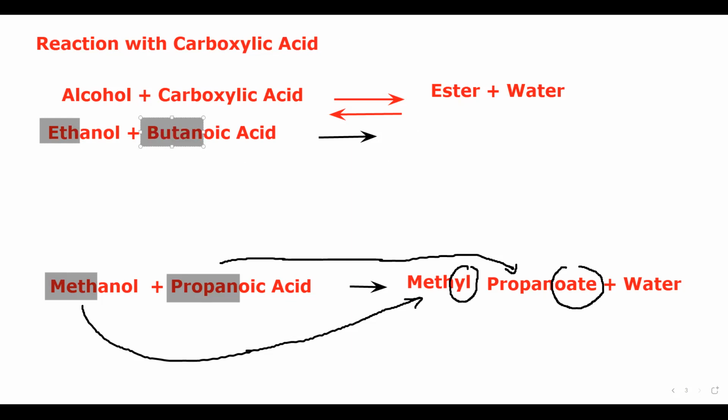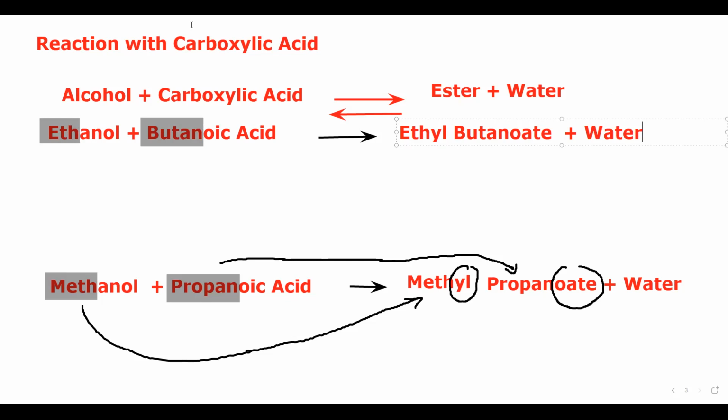So what will be the product? What will be the ester? So it will be ethyl. And because butanoic acid is there, so it will be butan, because it's from acid, and OATE. So ethyl butanoate plus water.